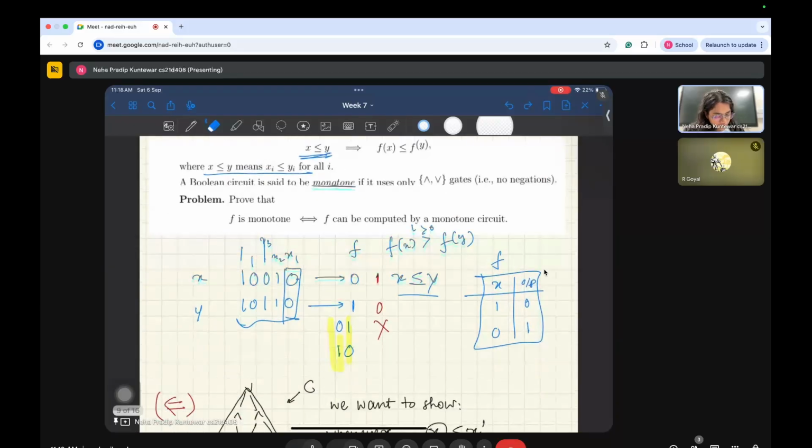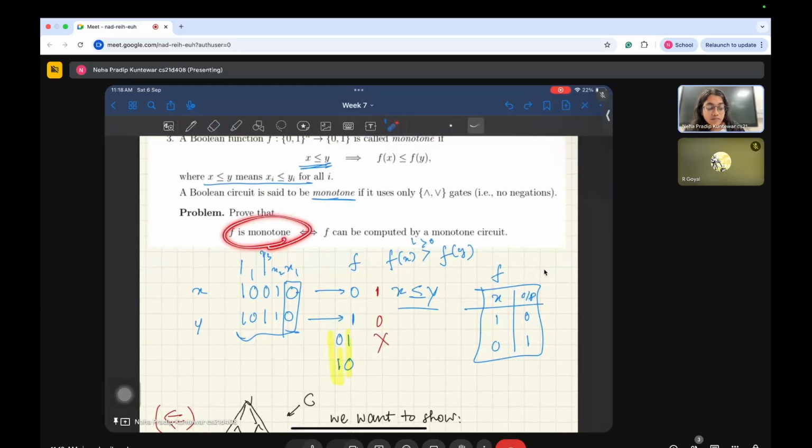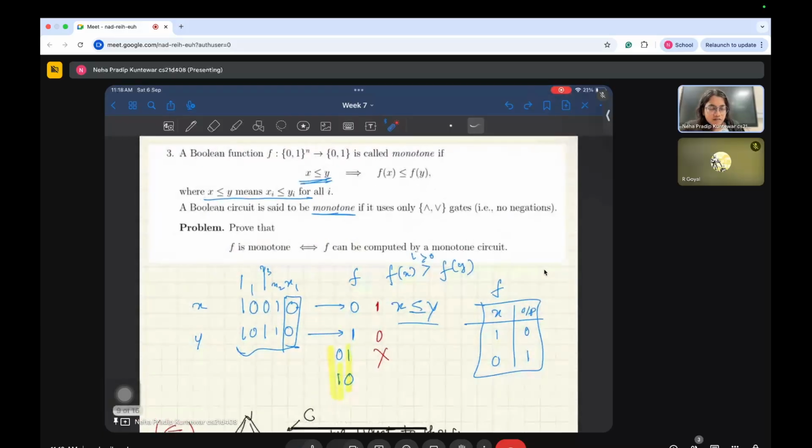That is, if f is monotone, then there's a monotone circuit corresponding to it. So if f is monotone, that would mean that it is only using the AND and the OR gates. f is monotone if this inequality holds true, right?